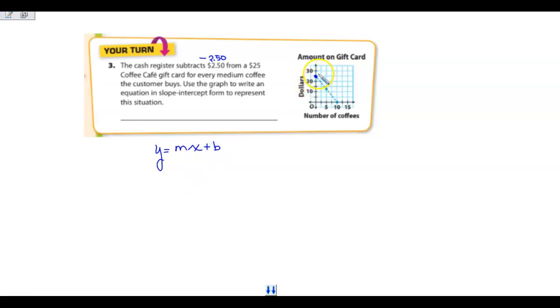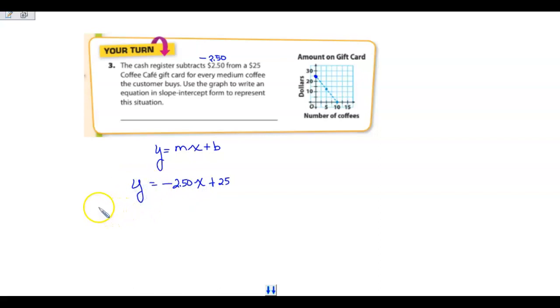I know my initial value is at $25. So I know it's going to be plus $25 because it's a positive 25. Each time they buy a coffee, it's going down by $2.50. So it's going down by $2.50 every time I buy a medium coffee.